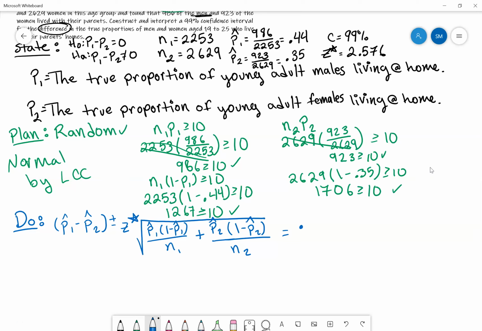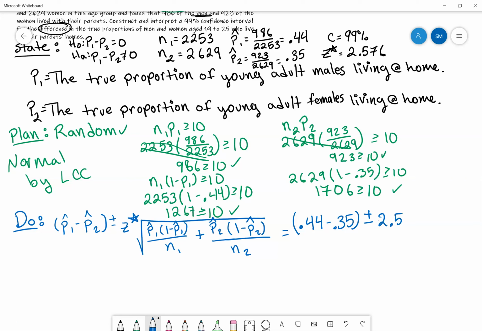So we have the first sample size is, not sample size, but the first proportion is 0.44 minus 0.35 plus, or minus, we can do the minus. We can do both.